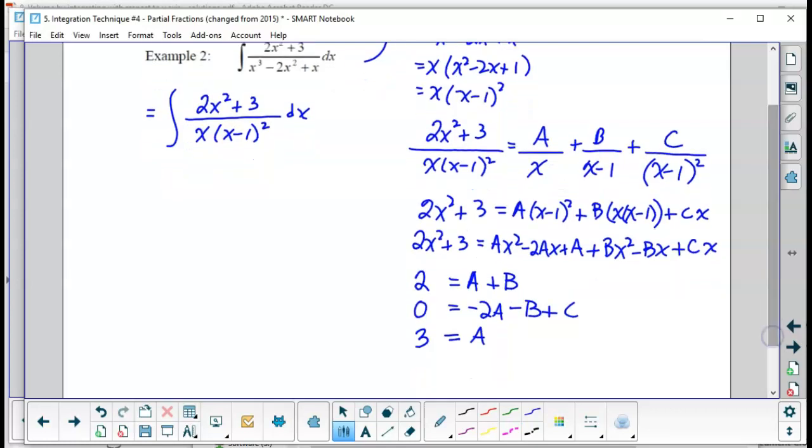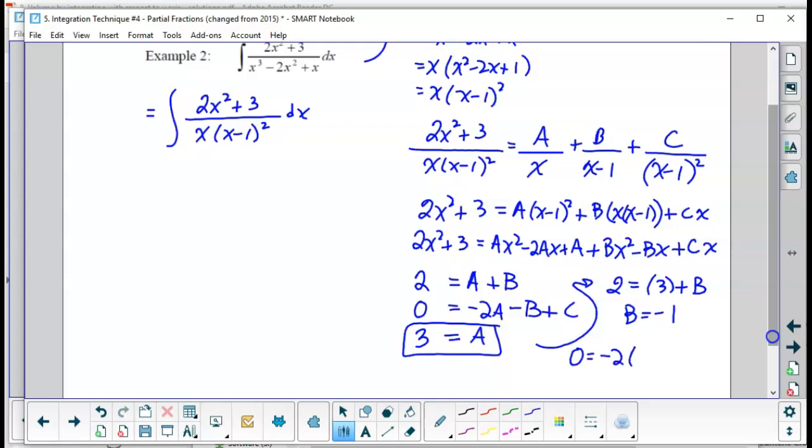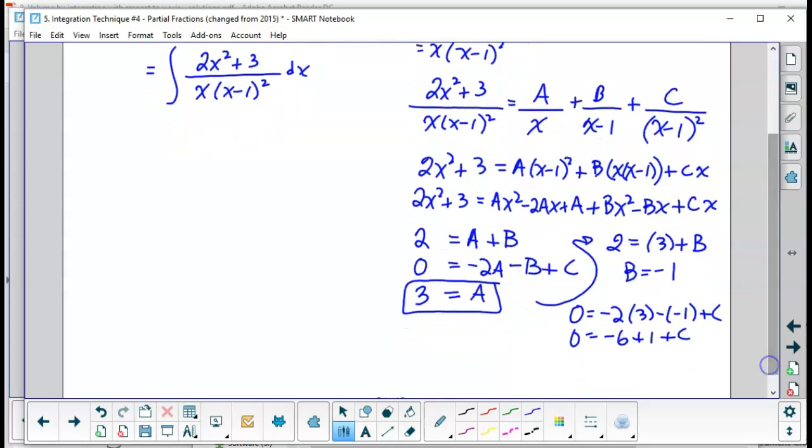So that's nice. We know that a is 3. So then I would put that back in to the first one. So b is negative 1. Then I would put into the middle one. So c is 5.